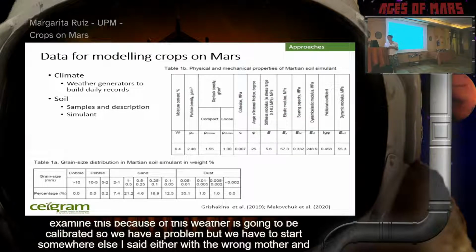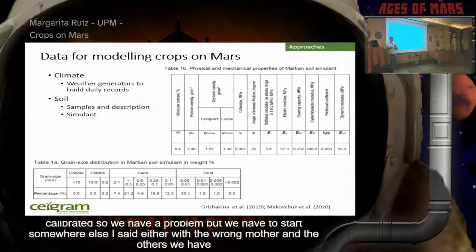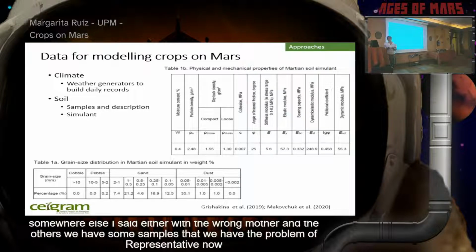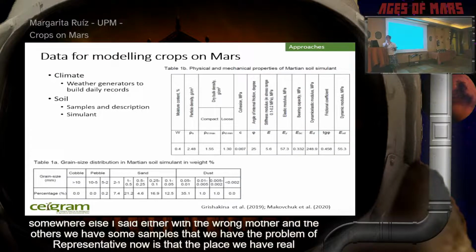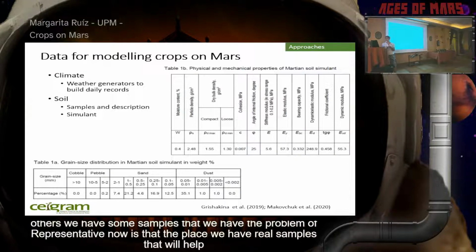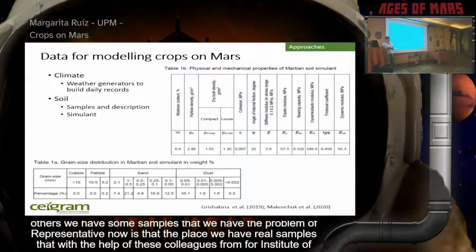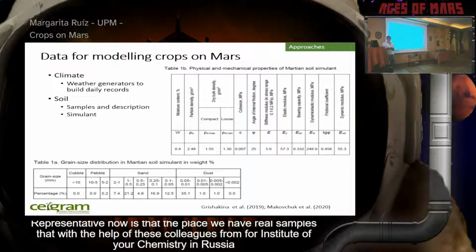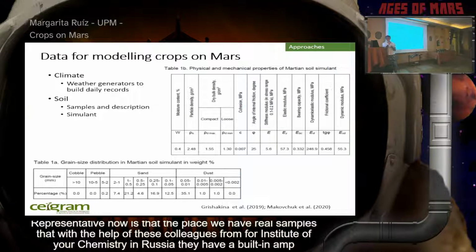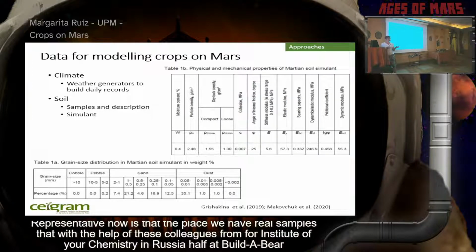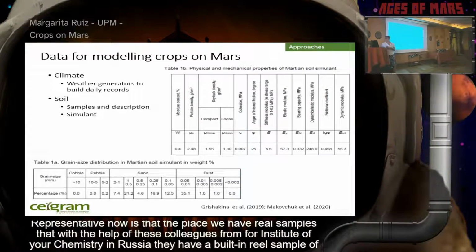And then for soils we have some samples. We have the problem of representativeness, but at least we have real samples. With the help of colleagues from the Institute of Geochemistry in Russia, they have built a simulant based on a real sample of Mars soils from emission.